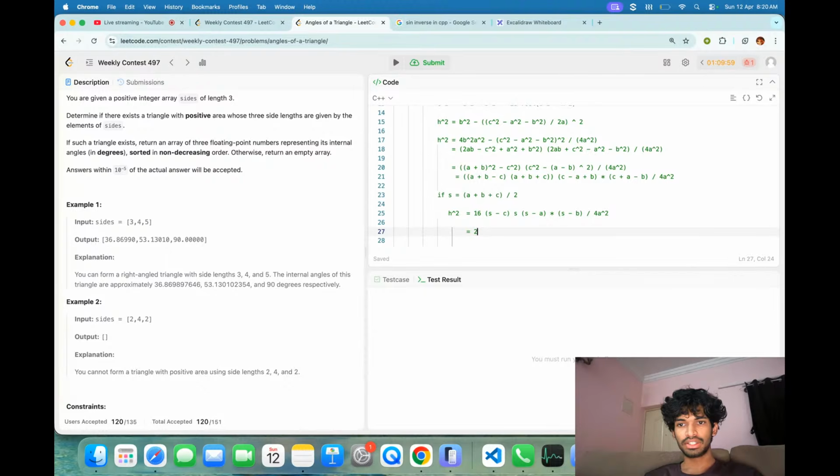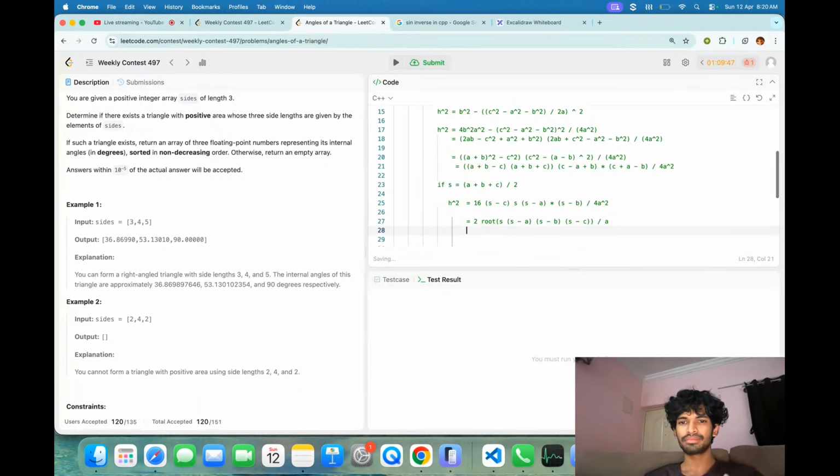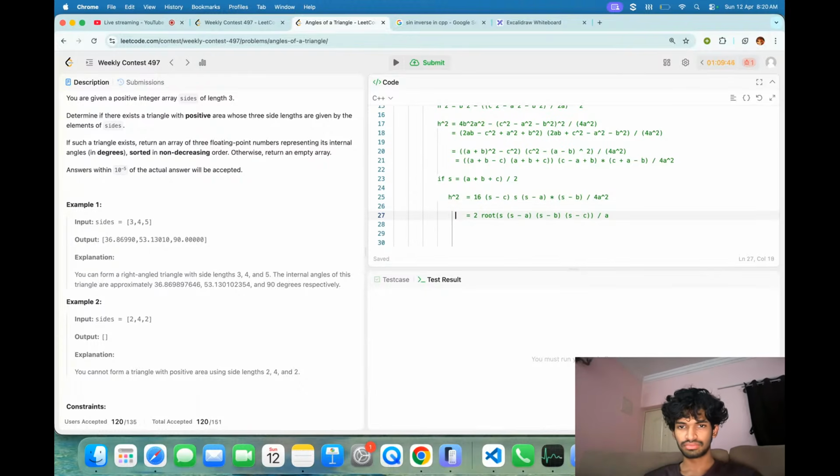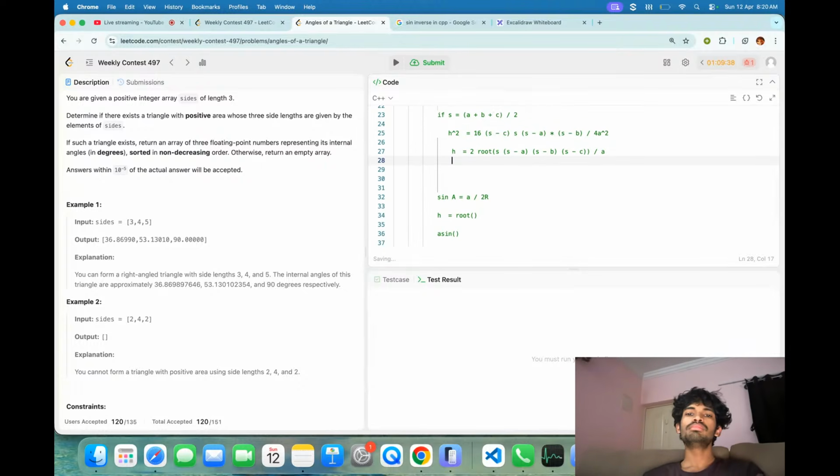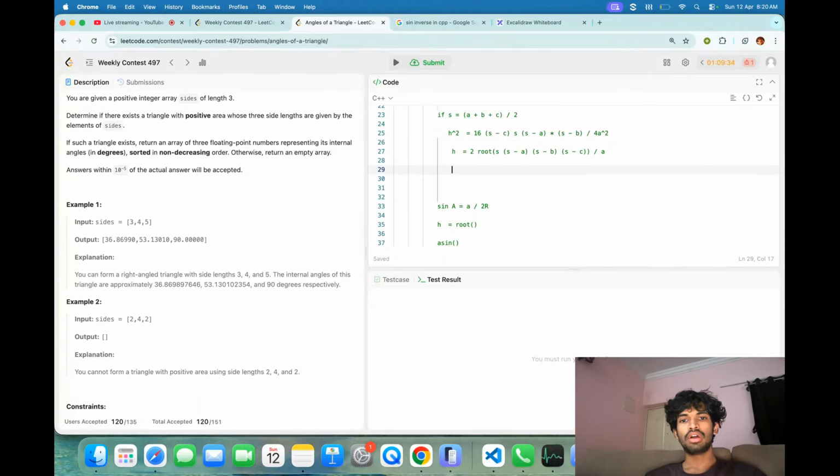Take that, it will get 2 times root of s into s minus c into s minus b into s minus c by a. This is h. I can move on. And what is sin a?